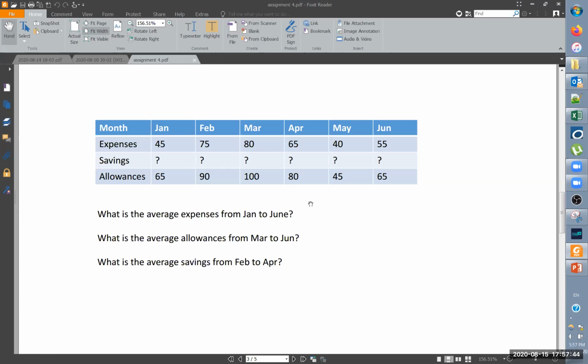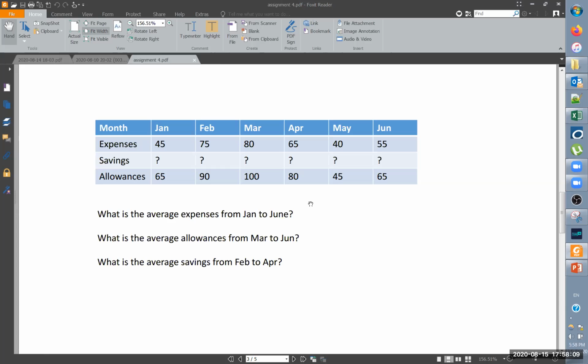Which one is 15? Wait, I say March to June, right? Yeah. You gave Feb, March, April for what? No, April. Oh, yeah. You're supposed to circle it, right? So this is 4, right? So that means you should add this 4, right?